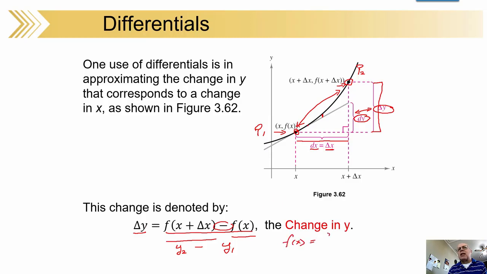Maybe the function in that case is x cubed plus x squared minus 3x plus 15, or whatever. You'll be given that. And if you want to find delta y, just put the 2 values of x in for this. You'll get one value for the first y value, another value for the second y value, subtract them, the second minus the first, and you'll have your delta y.